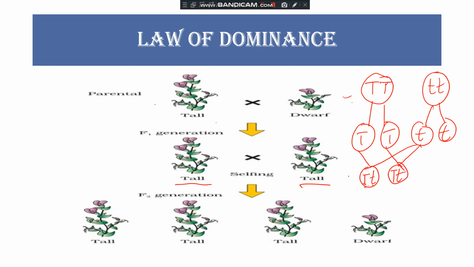So it shows that tall is the dominant characteristic, and in the F1 generation only the dominant character is expressed, and this is the law of dominance. It is saying that the dominant characteristic is expressed in the F1 generation though both the alleles are present.